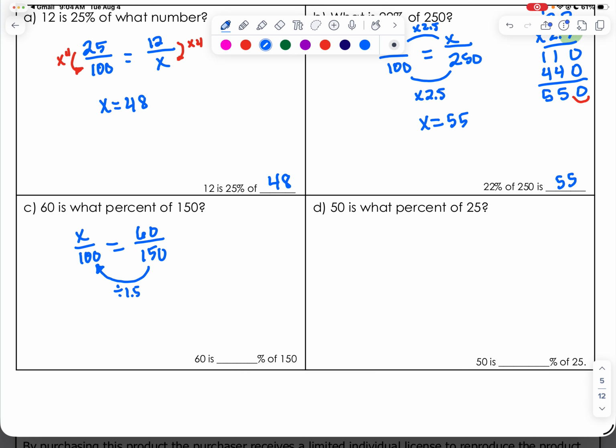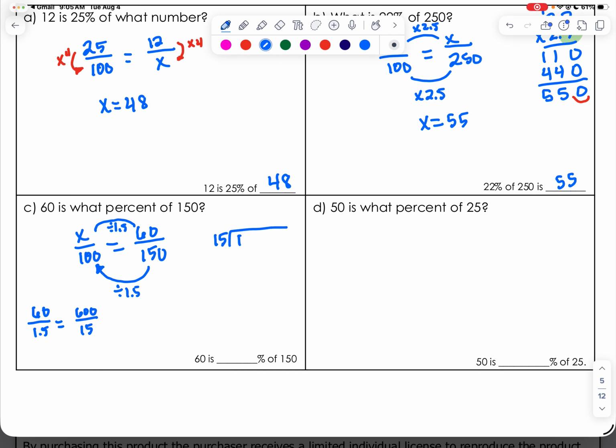So here 150 divided by 1.5 will give me 100, so I must also divide the 60 by 1.5. And 60 divided by 1.5, remember when we're dividing, we have to divide by a whole number. So I'm going to multiply these both by 10. So this would be 600 divided by 15.